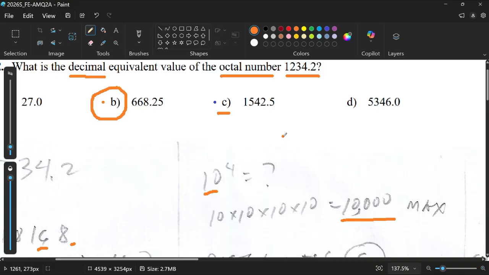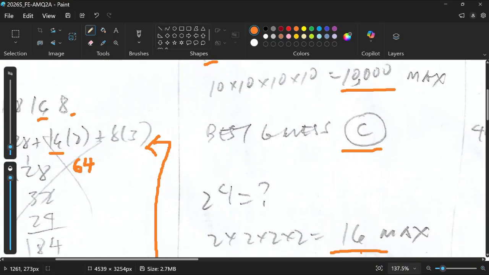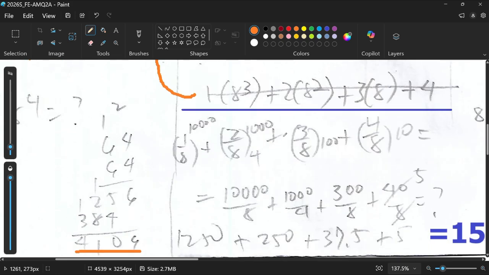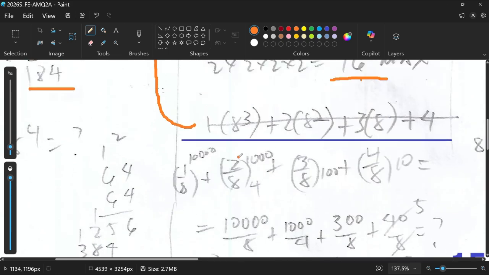And what happened was I came up with this bizarre equation where I was using the decimal equivalent, which is, for example, in the thousands place, the maximum would be 10,000.